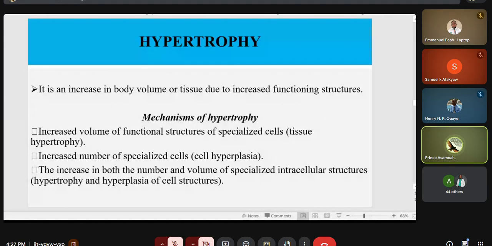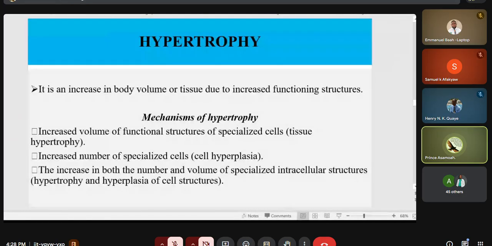Now look at atrophy. For atrophy, the body part is not in use, and so shrinkage of the cell comes in. For hypertrophy, the body part is used beyond the normal. There's an increased functioning, and then the volume thereby increases.